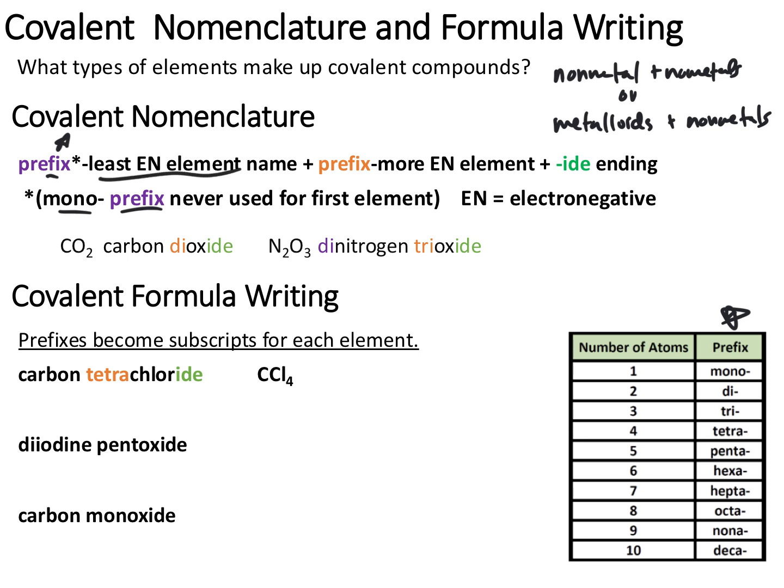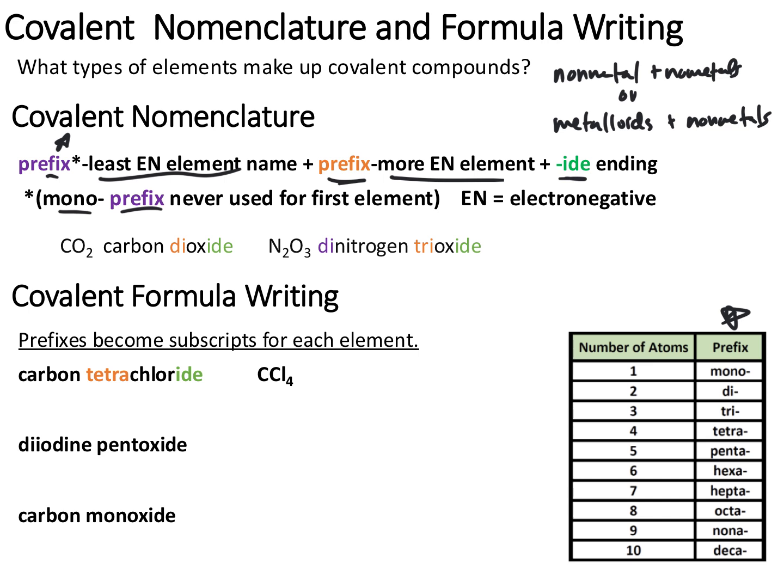Then a prefix is going to indicate the next quantity of that atom type in your compound. Then the more electronegative element is written. Now, that name is written, but again, we're going to change that ending to IDE. So chlorine becomes chloride, similar to what we saw in the ionic nomenclature.